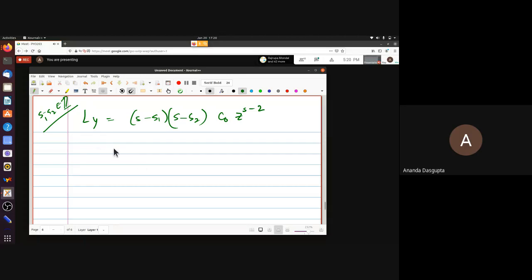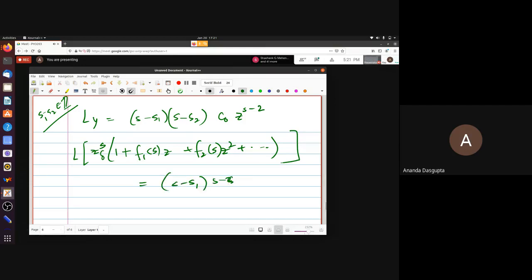But now, will the same trick work? That is, I solve the whole thing without taking into account the indicial equation, plug this in. So I get L z to the S C0 times (1 plus F1S Z plus F2S Z square and so on), and this is S minus S1 into S minus S2 C0 Z to the S minus 2. Okay. And let's say for S equal to S1, I've got a perfectly nice solution.